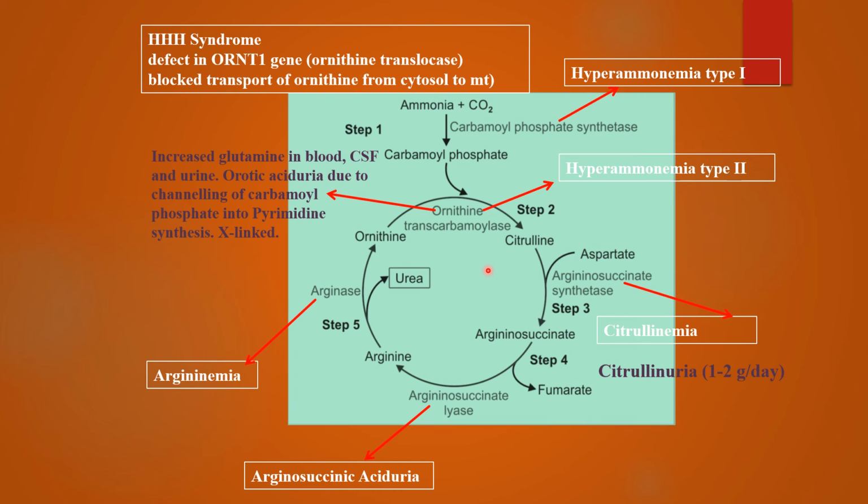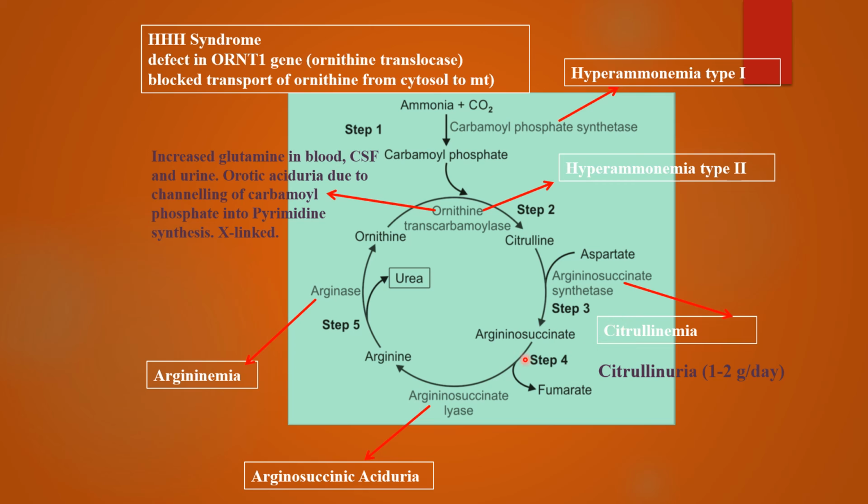And the third type is the deficiency of argininosuccinate synthetase. Argininosuccinate synthetase deficiency is characterized by hyperammonemia and citrullinuria, because citrulline is accumulated severely, so it starts coming into the urine as well, from blood to urine.